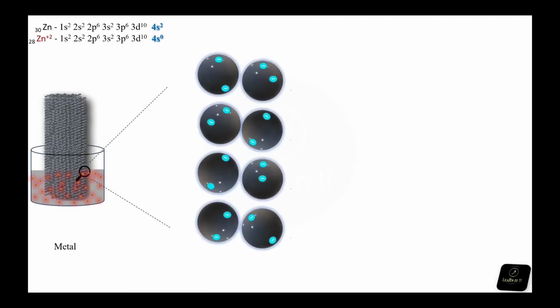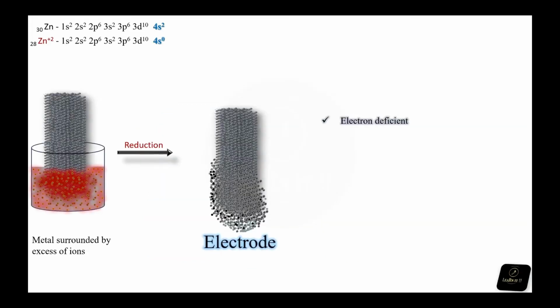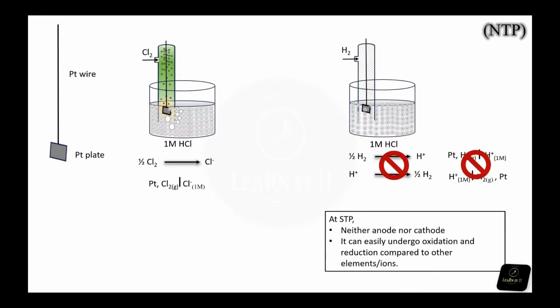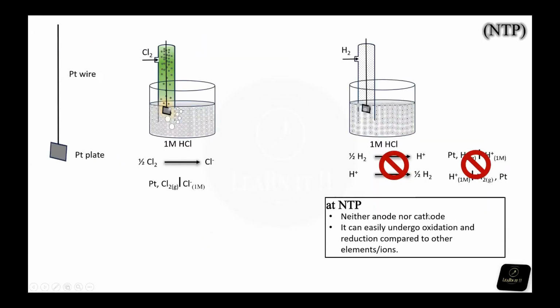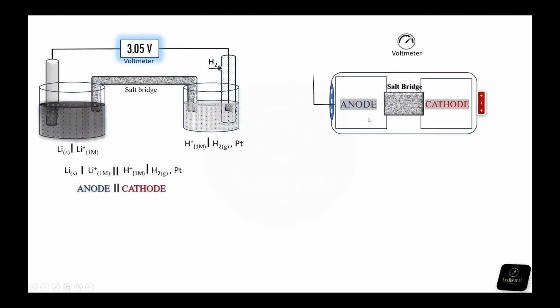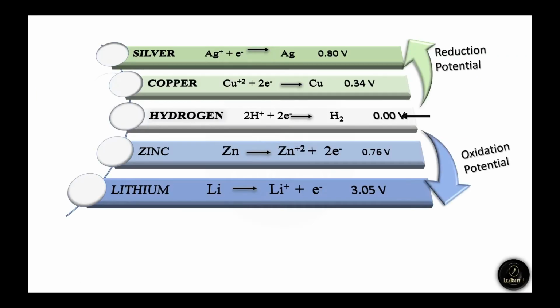The zinc atoms present in the metal rod undergo oxidation, leaving behind 2 electrons. E of cell is equal to. With respect to this electrode, it is electron deficient and has a tendency to take or gain. The column is filled with agar-agar jelly. The hydrogen acts neither as anode nor as cathode. Cell made up of lithium and hydrogen gas. Then the voltmeter reading shows 3.05 volt. The voltmeter shows the reading of 0.80 volt. The standard oxidation potential value, that is 0.